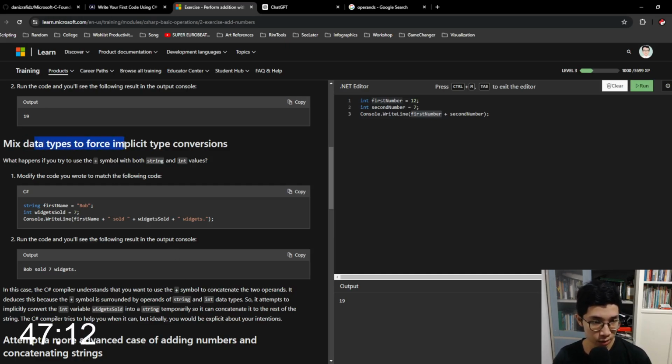Mix data types to force implicit type conversion. What happens if you try to use the plus symbol with both string and integer values? Will it work or will it cause an error? Let's check this out. Modify the code you wrote to match the following code.